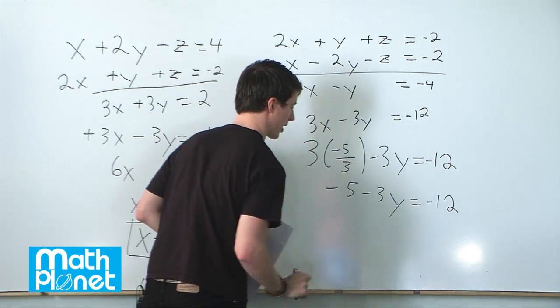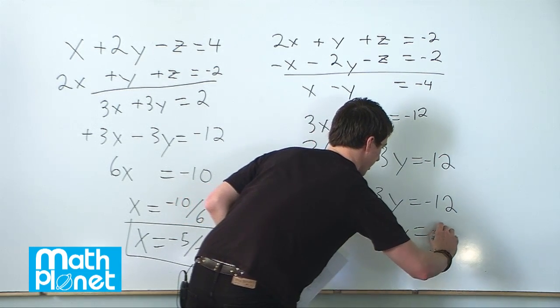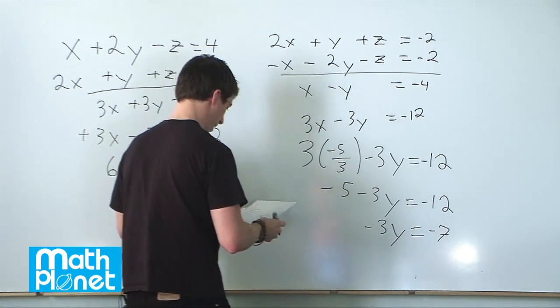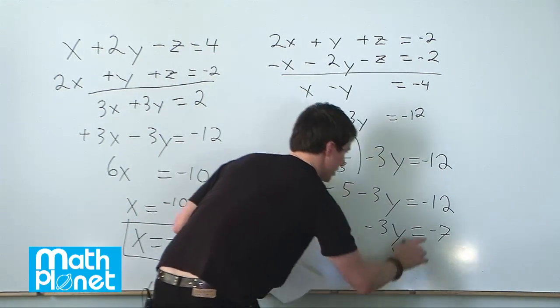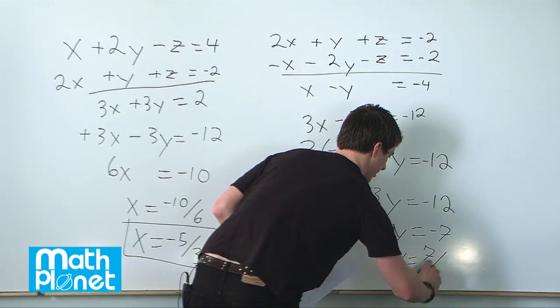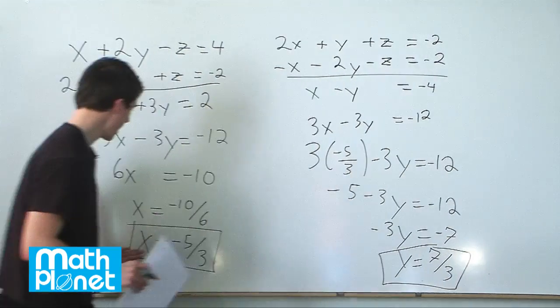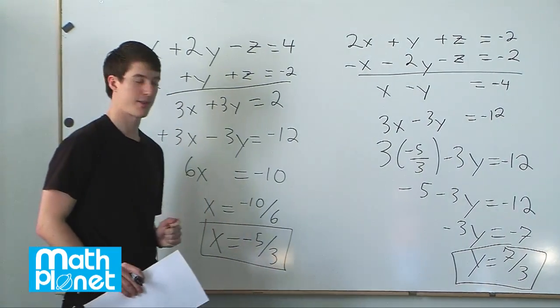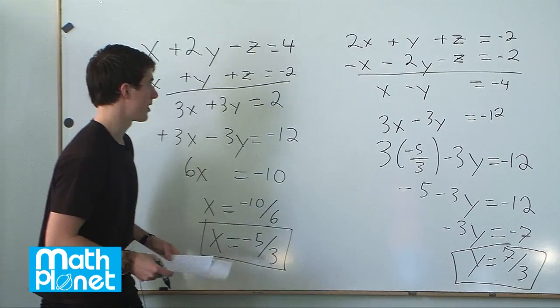Add a 5 to both sides, negative 3y equals negative 7. And then divide both sides by negative 3, and that is just y equals negative 7 divided by negative 3, which is positive 7/3. And we can't simplify it any further from there. So x is negative 5/3, y is positive 7/3. One more step, and then we're done.